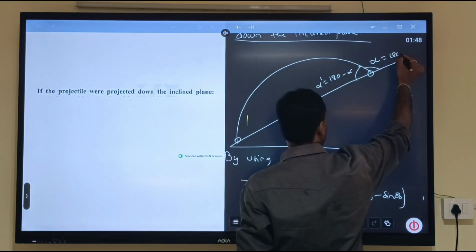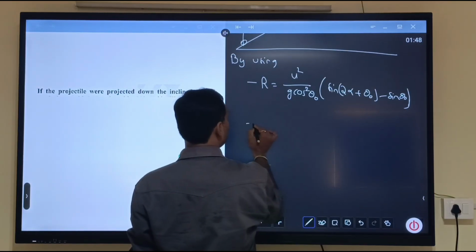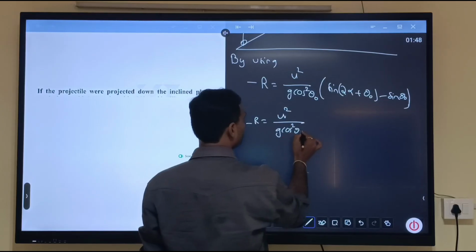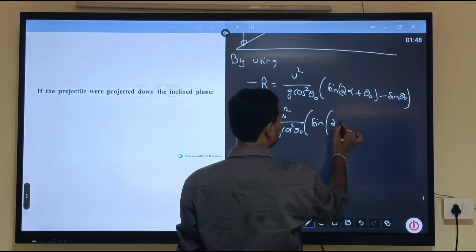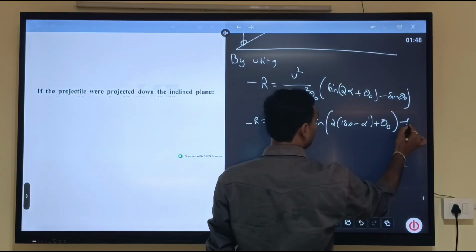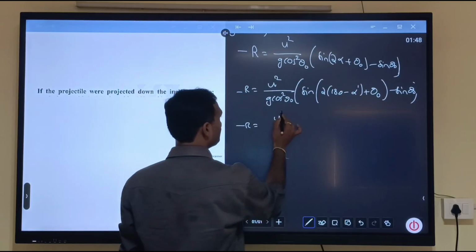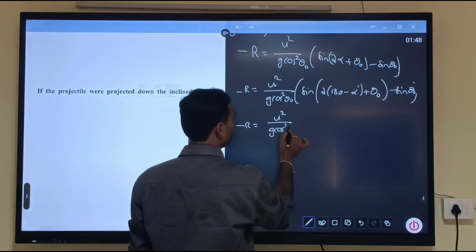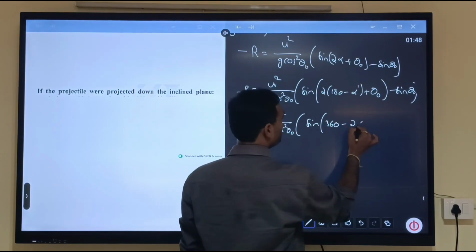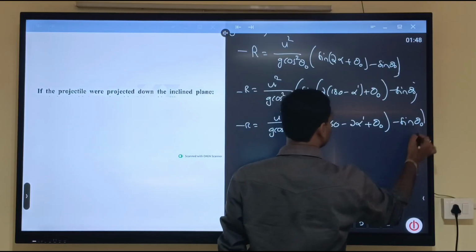Then here alpha is equal to 180 minus alpha dash. I can also write like this. That is minus r u square by g cos square theta naught sin of 2 (180 minus alpha dash) plus theta naught minus sin theta naught. Then minus r u square by g cos square theta naught sin (360 minus 2 alpha dash plus theta naught) minus sin theta naught.